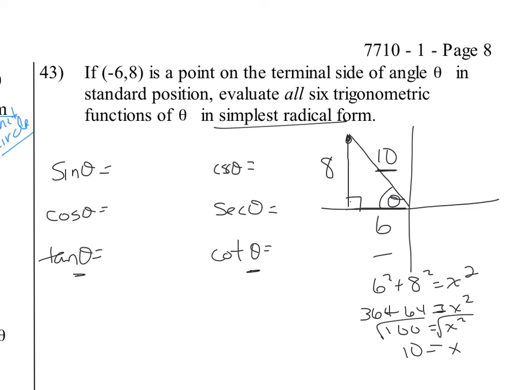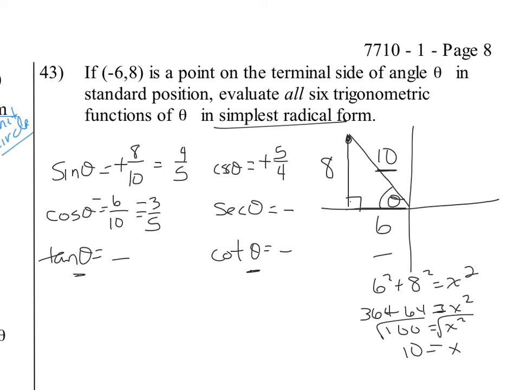Okay, so I have my 3 sides. I know I'm in quadrant 2, so I know sine and cosecant are positive. Everything else is negative. Okay, so then sine is opposite over hypotenuse, or 4 over 5. Flip it, it's 5 over 4. Cosine, adjacent over hypotenuse, negative 3 over 5.